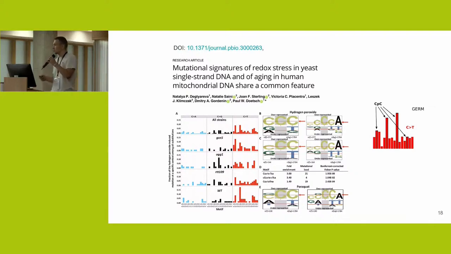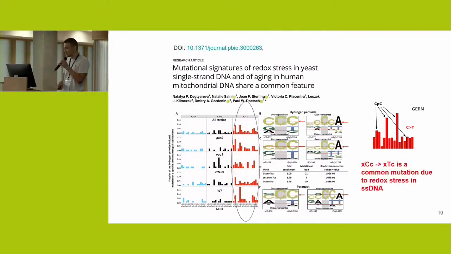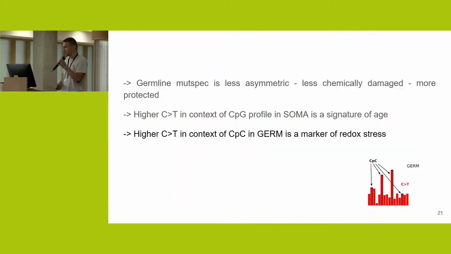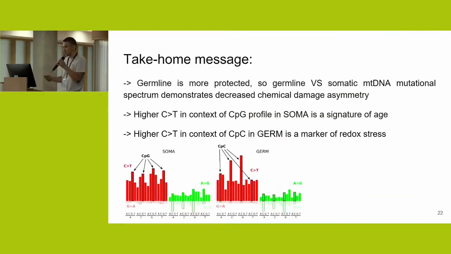They also tried to compare mitochondrial DNA with context, but they didn't get normal results because they used somatic lines, not germline. The conclusion: higher C to T in the context of CpC in the germline is a marker of redox stress. This is our take-home message.